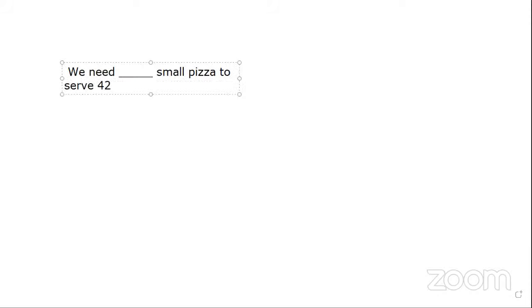Or you can say that we need dash small pizzas to serve 42 students. You can either do it like that and then put the dash afterwards.